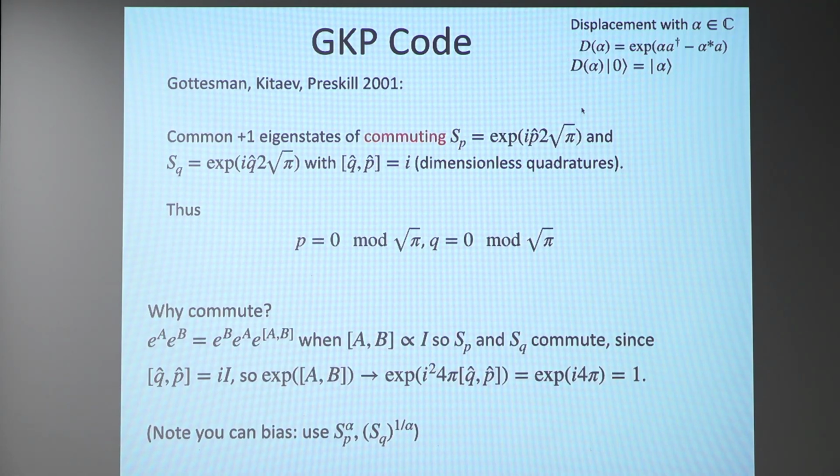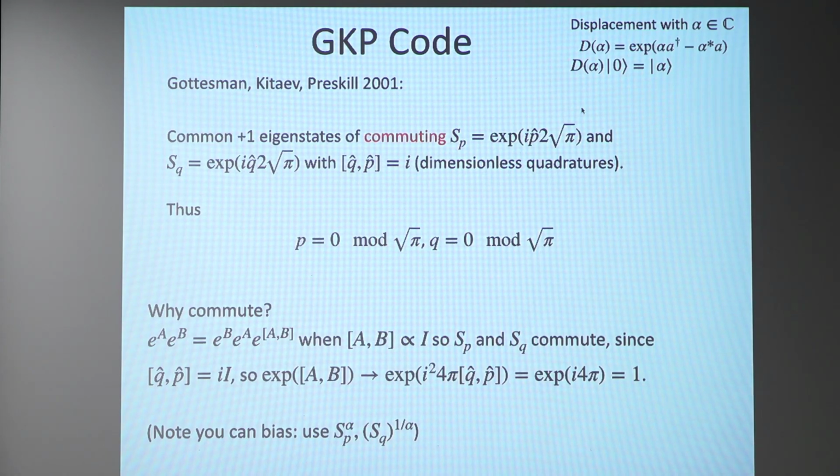And this is what the speaker of last week was referring to as modular quadratures. I'm not fixing p to a particular value because I can't do that simultaneously with q because of Heisenberg uncertainty, but I can fix p and q if I only care about them modulo something. So a state that has this property will have delta function peaks at these p's and q's, right? But it will not be just one peak, because that's not possible.